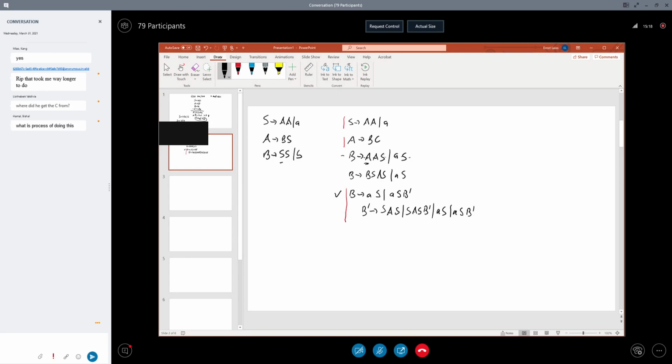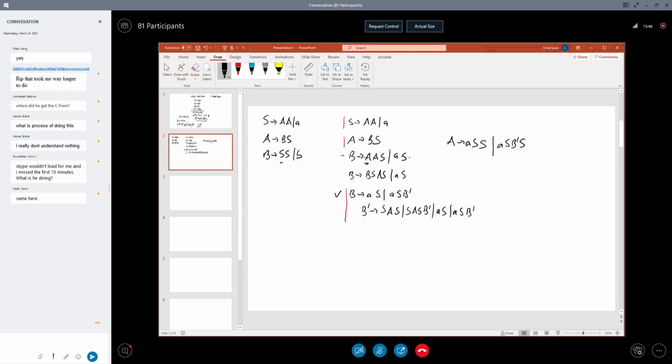We have to plug the B into the A. So this is A goes to AS. That's where the error comes from. ASS. So we plug in that B goes to AS in here for that B, and we have ASB prime S.